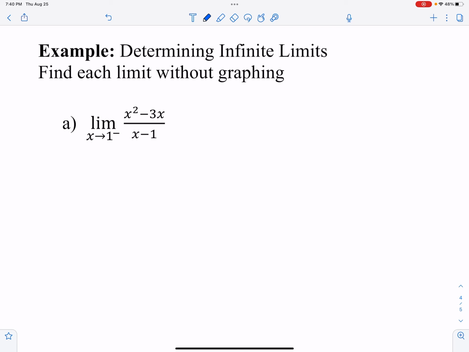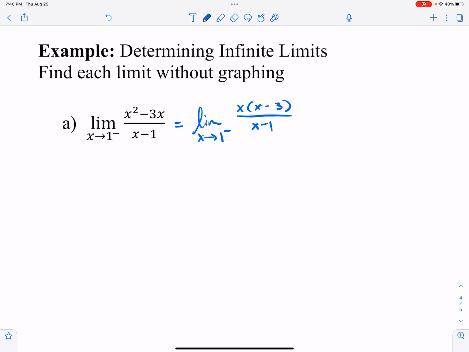That tells us vertical asymptote, right? Because we can factor the numerator here, I would do that. So I'm going to rewrite with the limit of x times x minus 3 over x minus 1. That shows me no common factors.